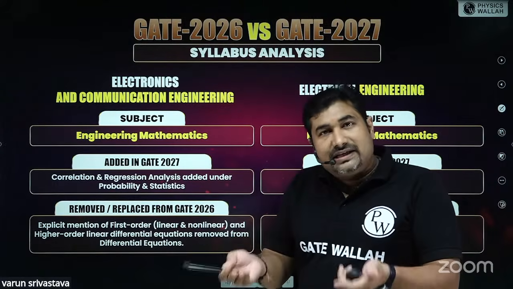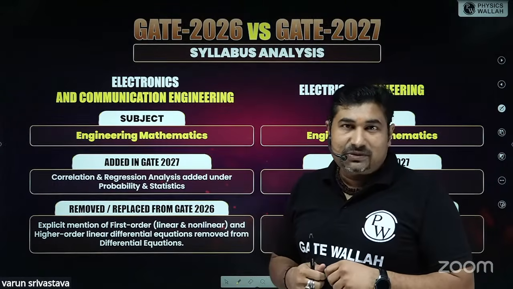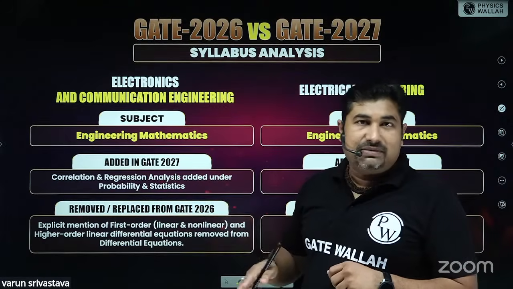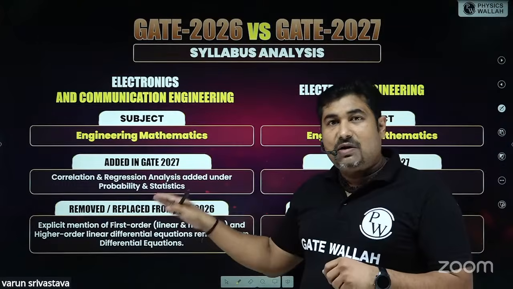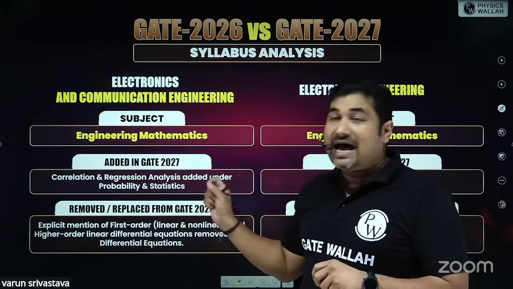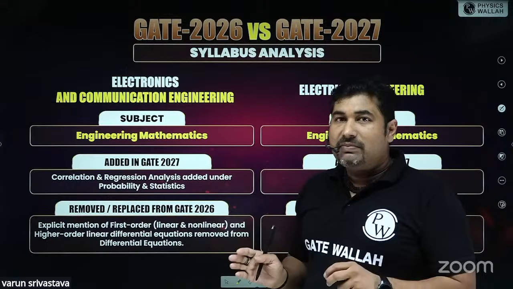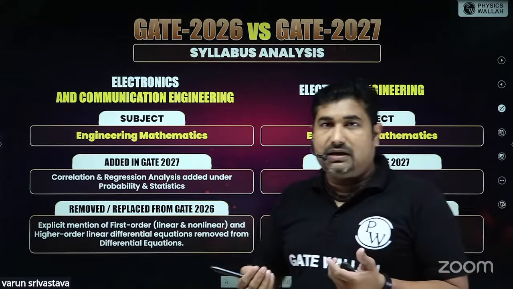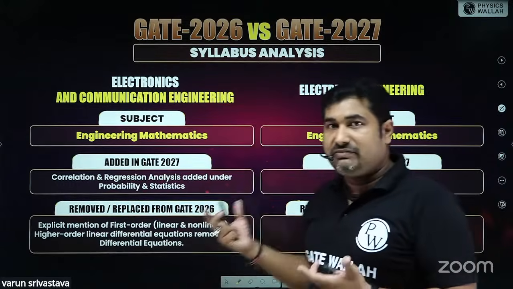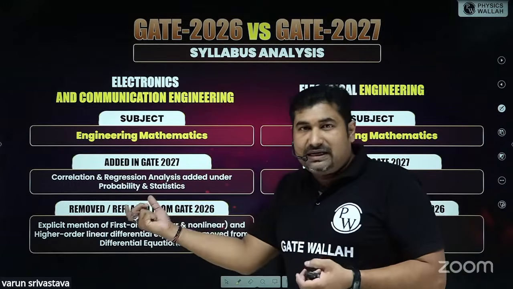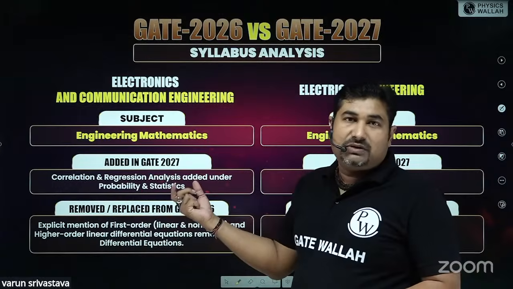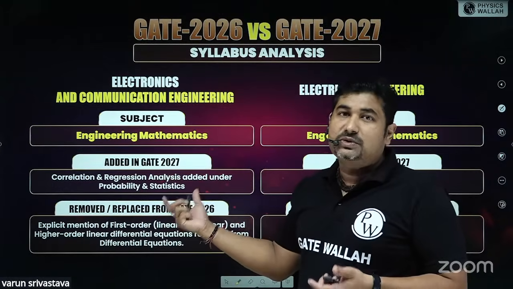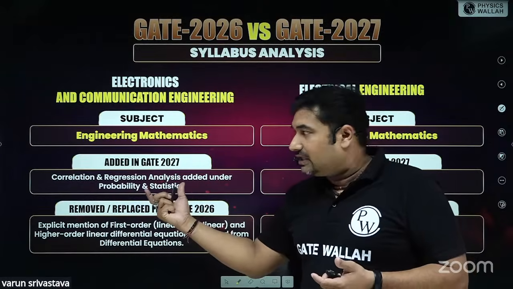It is already there under statistics, but now it is highlighted. There is a possibility that some particular type of questions will be asked, so my suggestion is that you should go through this particular topic in maths.